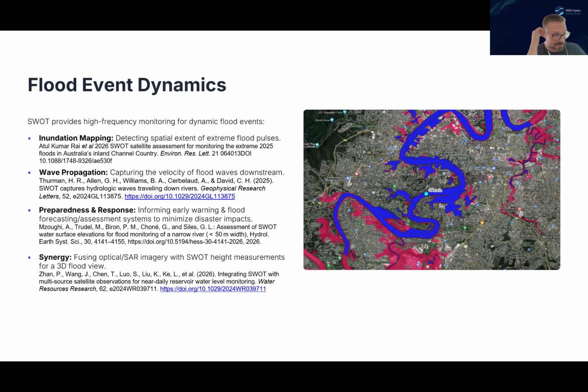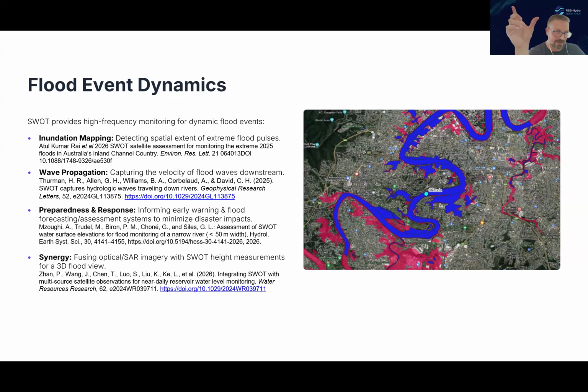Traditionally, remote sensing has been very great in fusing different information from optical, thermal, SAR. And I think if you now speak multi-mission, you can bring in SWOT, which is image data, but it's also non-image data, which means it gives you 3D information, which is surface height.